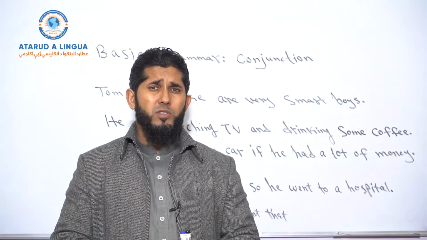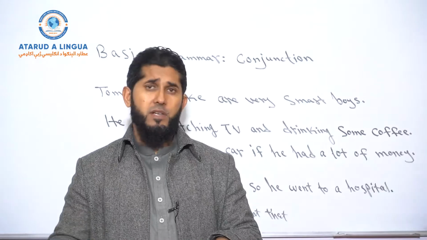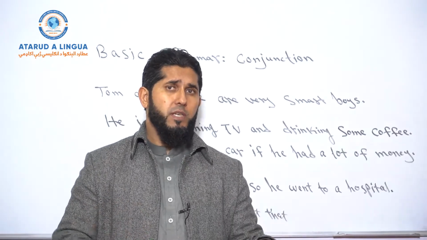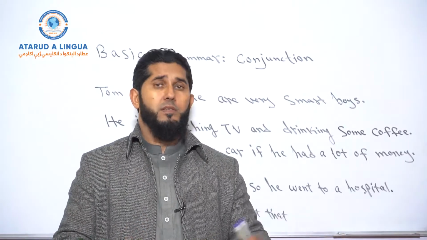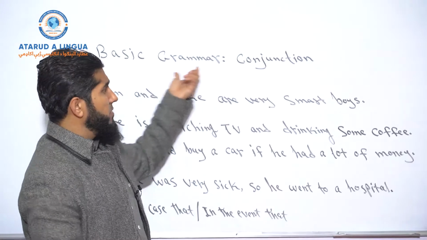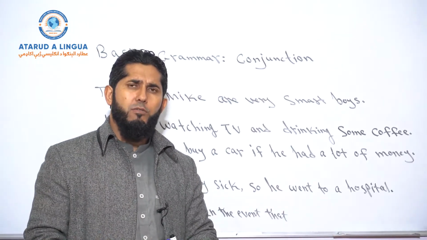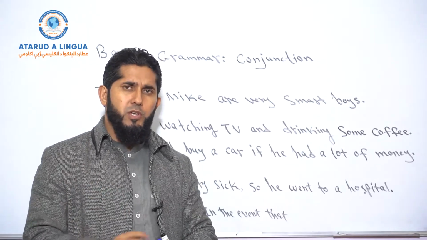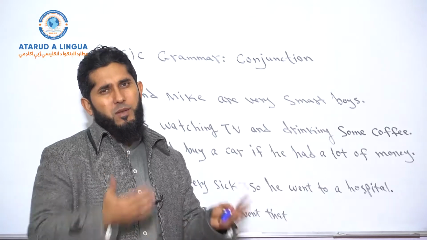But these points are divided into different levels: basic level, intermediate, advanced. And there could be even lower intermediate and higher intermediate and then advanced. So I say basic grammar conjunction, if it's just the introduction of parts of speech, I'd better call it basic grammar.